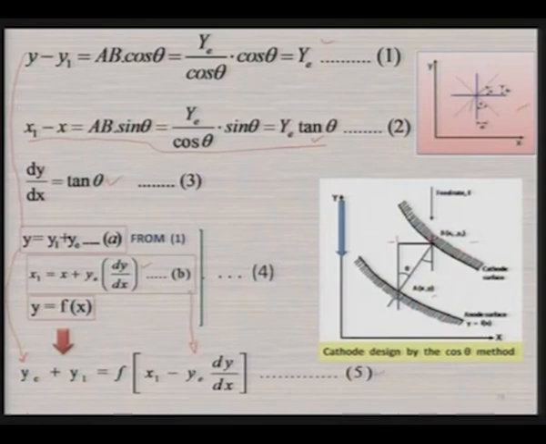So, this is equation 5 we obtained from these equations. Now, let us assume suppose the workpiece surface can be approximated by a series of parabolic arcs: y is equal to a plus b x plus c x square.